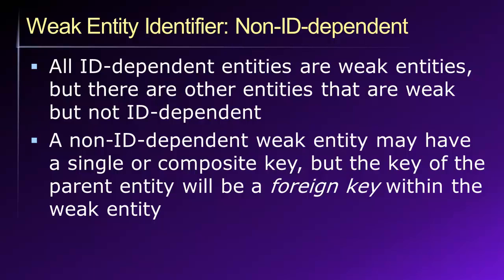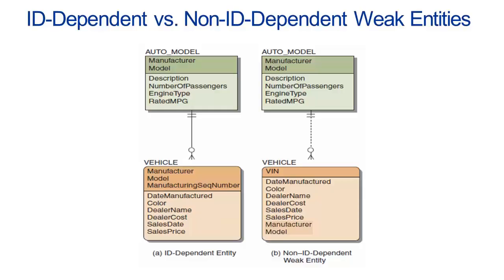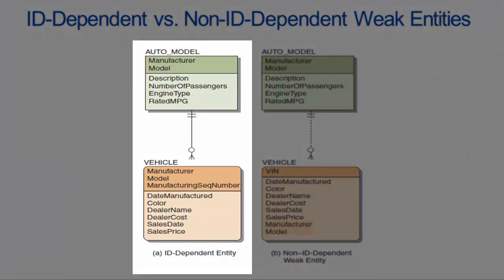Let's see some examples that will hopefully clarify the difference between ID-dependent and non-ID dependent relationships. In our first example, we see an ID-dependent weak entity named vehicle. We can tell that this is an ID-dependent weak entity because part of its primary key is composed of the primary key from a strong entity.